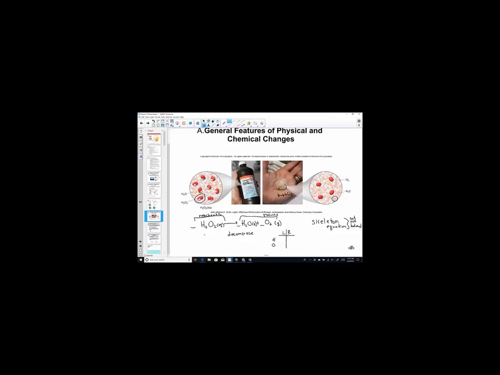On the left side, I see a total of 2 hydrogens, and I see a total of 2 oxygens. On the right side, the product side, I can count 2 hydrogens, but now a new combined total of 3 oxygens. 2 from the molecule O2 and 1 more from the molecule of water for 3 total atoms.